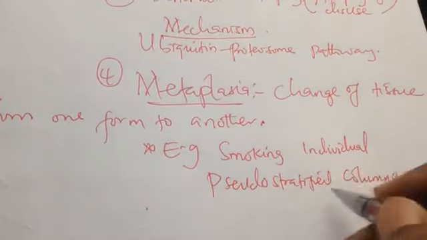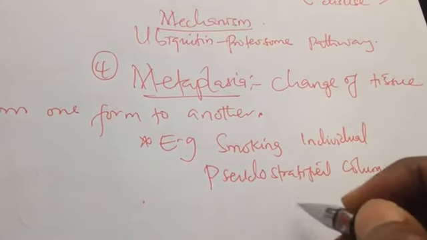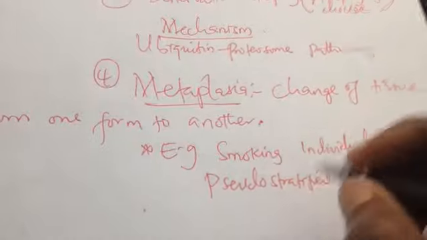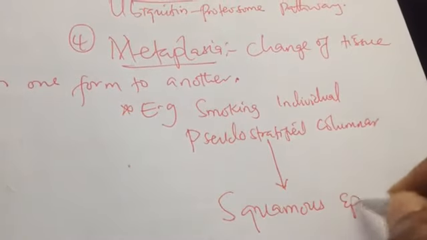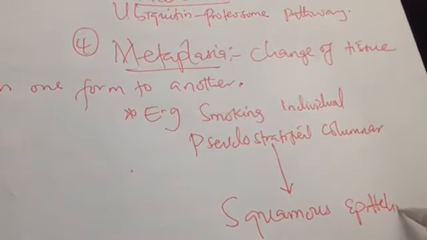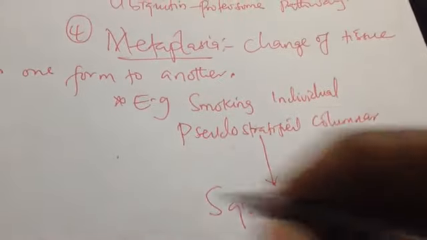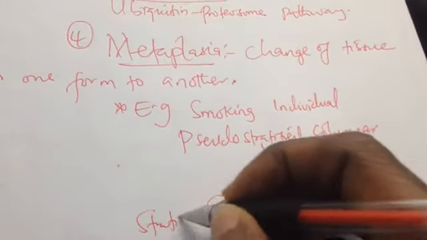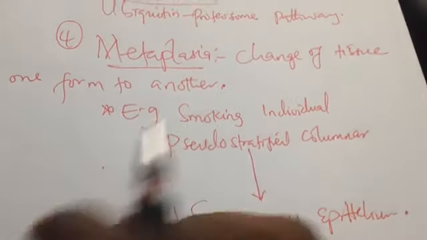Now this pseudostratified columnar epithelium cannot withstand the increase in stress due to the smoking. So now they will change into squamous epithelium, that is stratified squamous epithelium. So this is called squamous metaplasia because they change into squamous epithelium. So this is the example. So that is it.